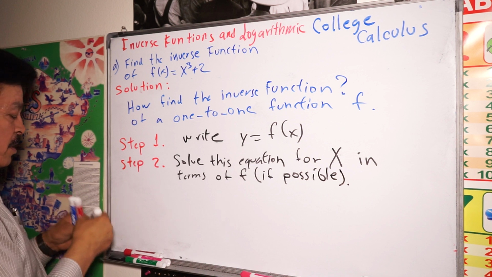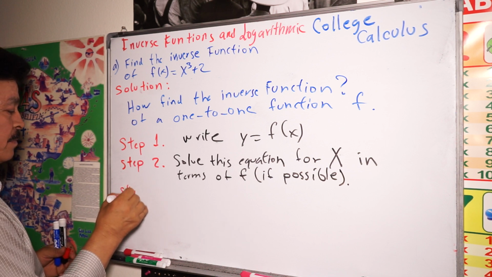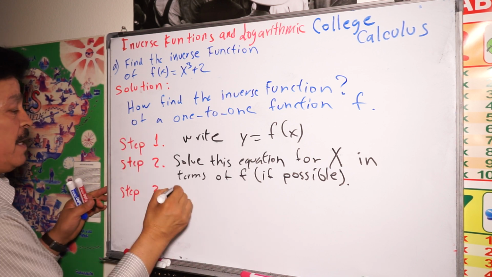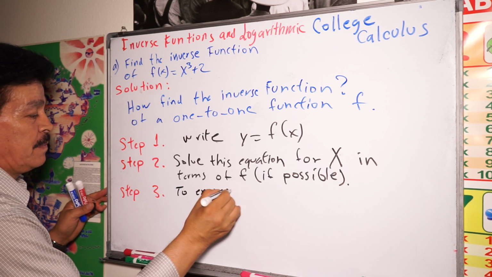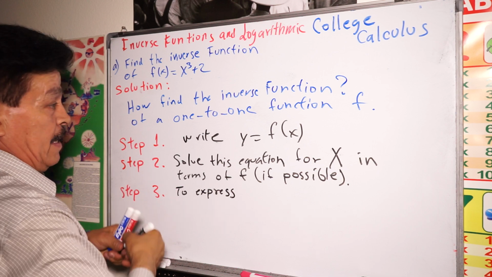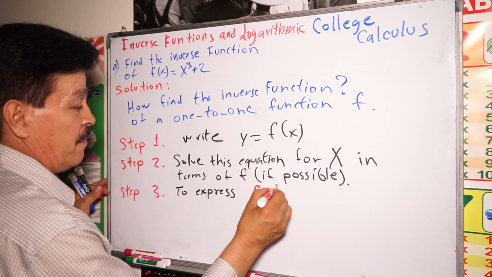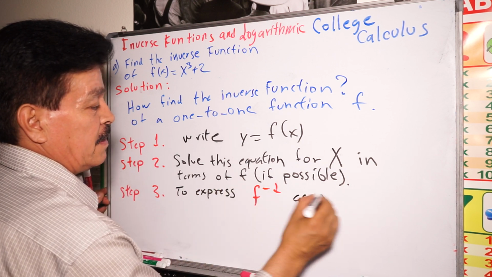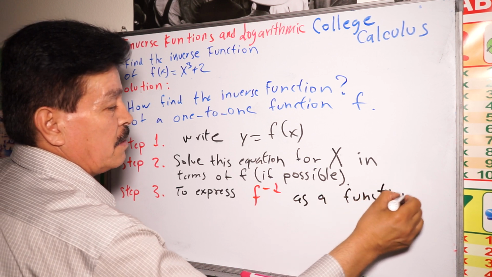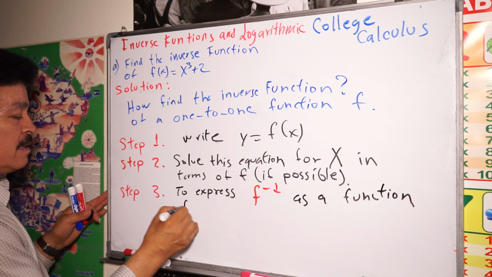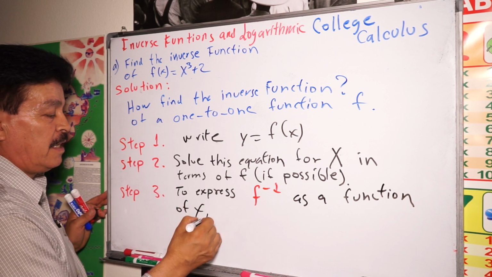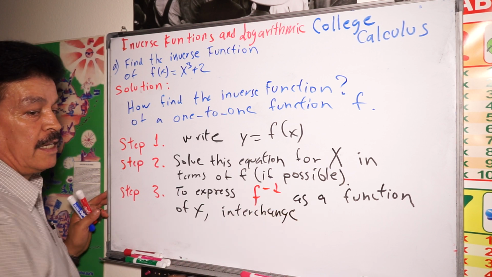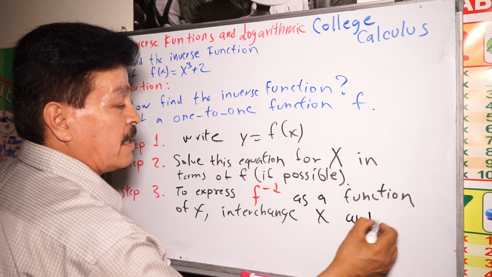Okay, step number 3. Express the inverse function f minus 1 as a function of x. Interchange x and y.